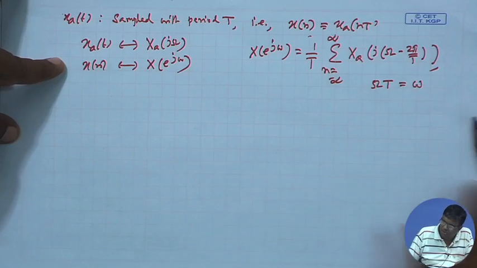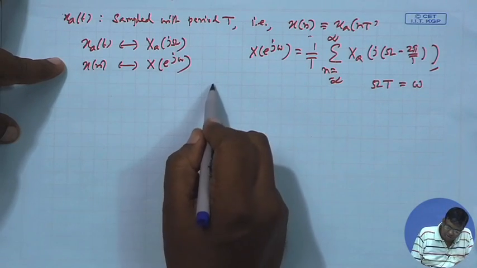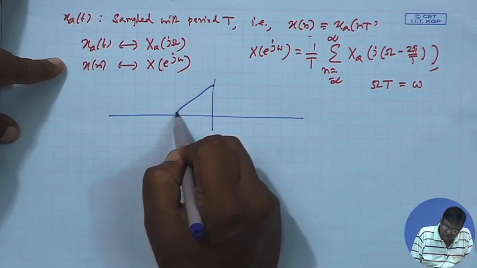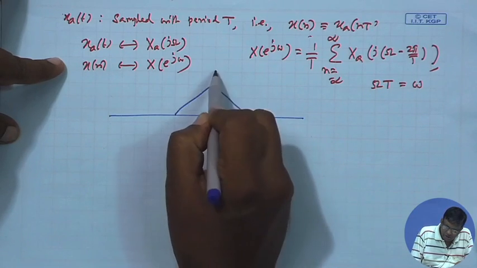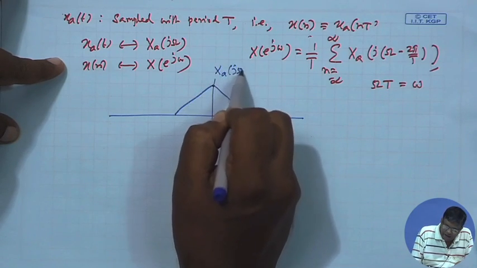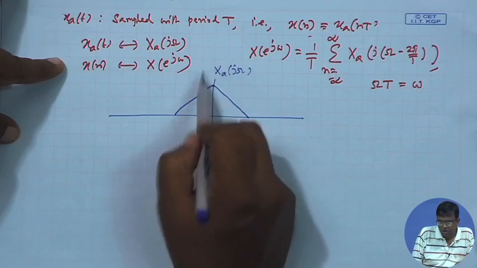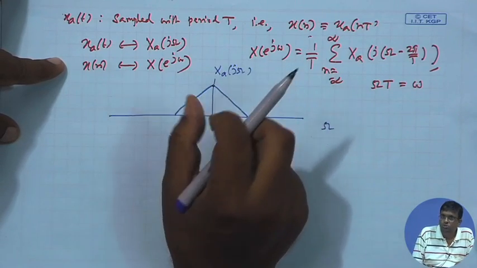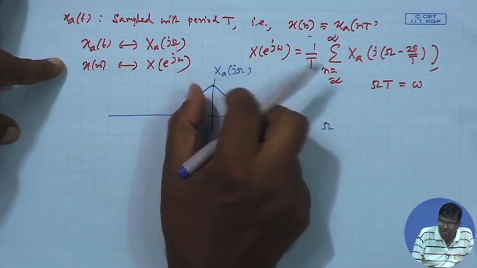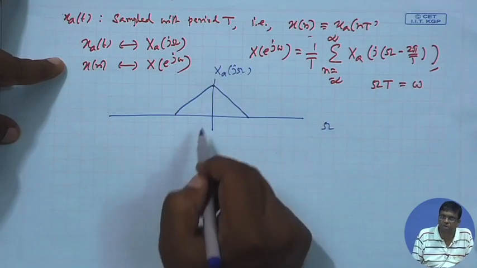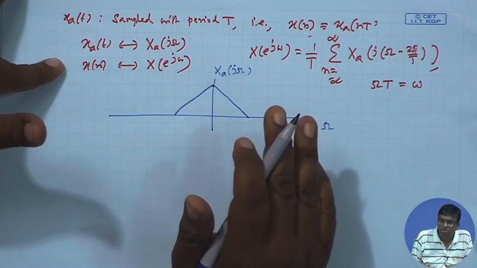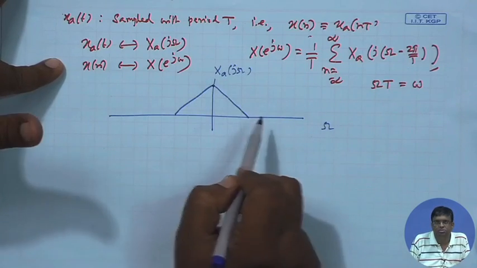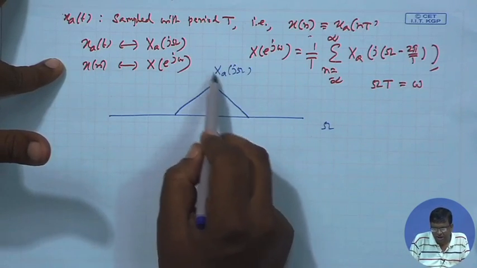Suppose as an example we have a band limited function, say X_a(j omega). Again a word of caution, this analog Fourier transform also is a complex function of omega. So, to plot it correctly, I should have one plot giving the magnitude versus omega, another phase versus omega. But just to explain my point of view, I really am not going into that description, I am just writing X_a(j omega).